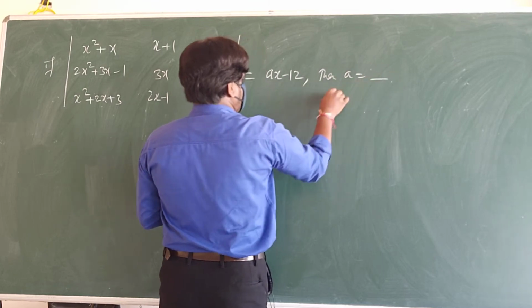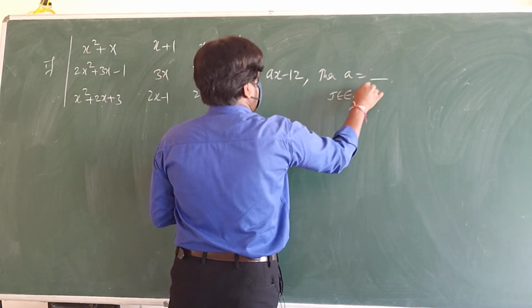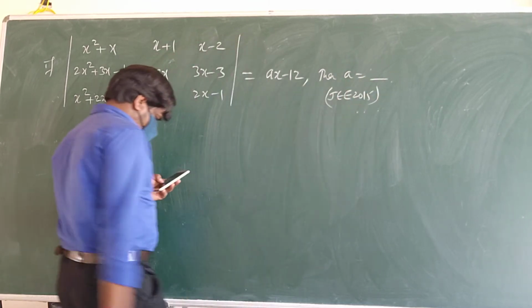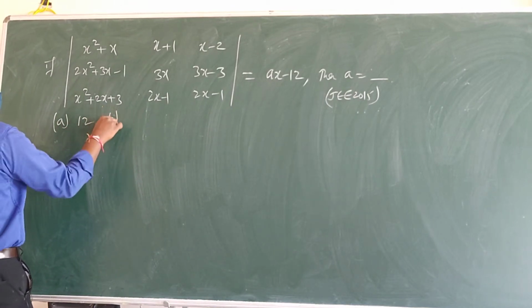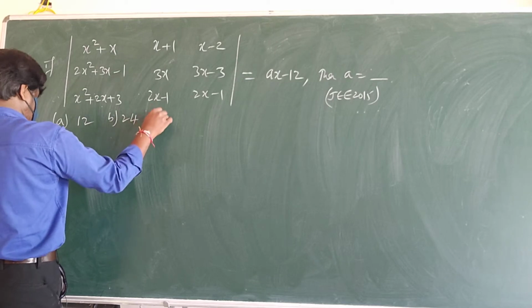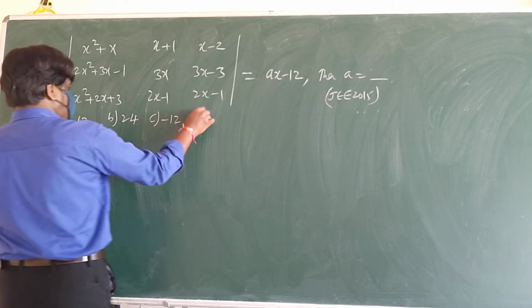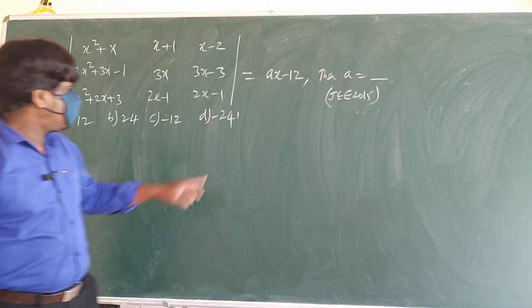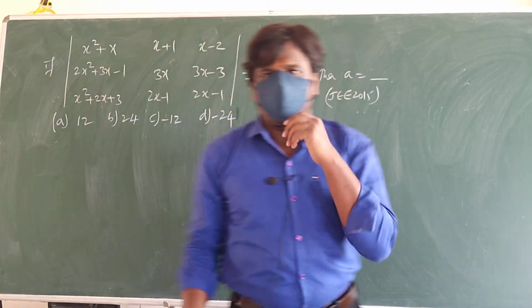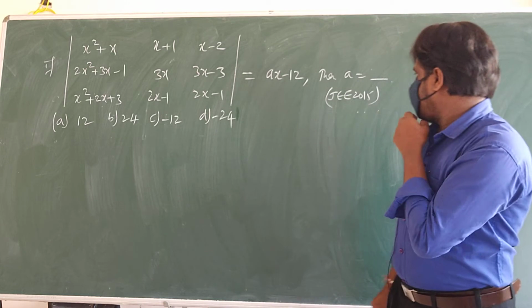JEE 2015 question. Option A 12, option B 24, option C minus 12, option D minus 24. So this is the question asked in JEE 2015.